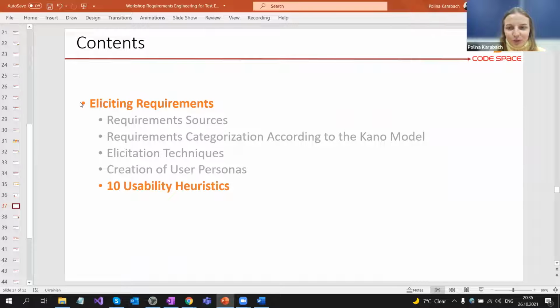Let's move on to also reviewing the usability heuristics. So as I mentioned in the beginning of this workshop, regardless of the role, of course, usability is key. Taking care of usability is a key responsibility of a user experience designer.